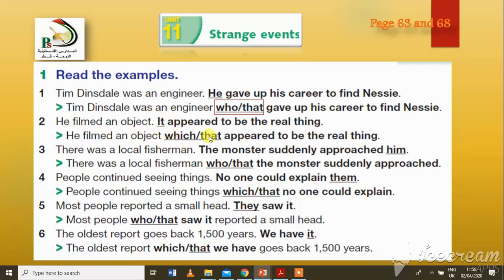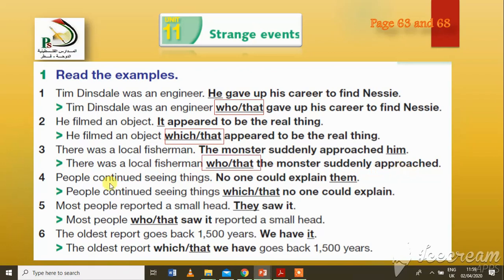So these are relative pronouns, and which or that is about the thing. There was a local fisherman. The monster suddenly approached him. Now see, this is the end of the relative clause. Now we brought it here. There was a local fisherman who or that the monster suddenly approached.